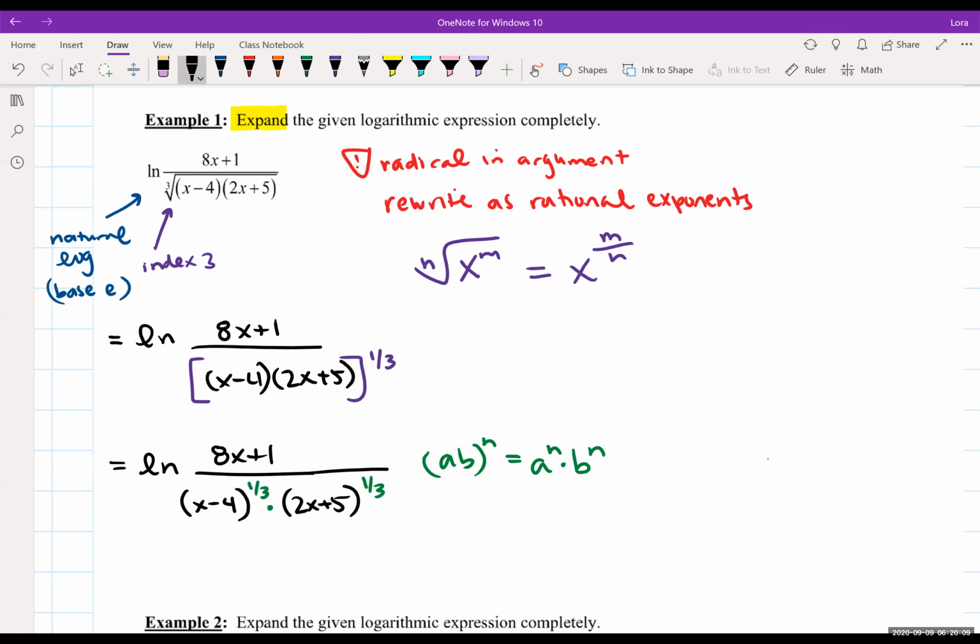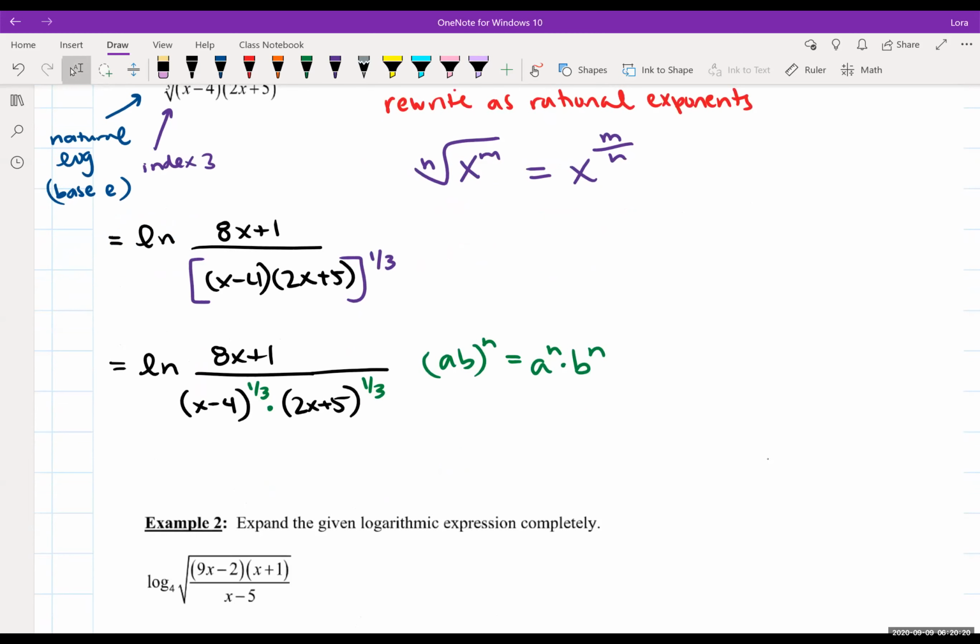And when I do this, it makes it a little bit nicer for me to break up using the properties of expansion. So at this point, I can now work with the expansion. And the fact that I see a fraction, this is us using the log of a over b.